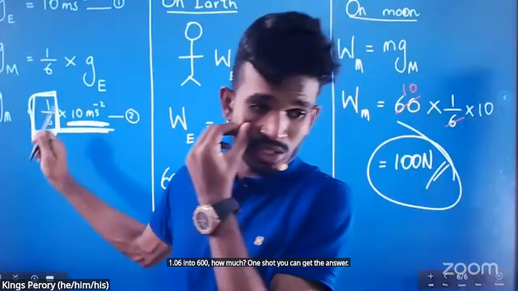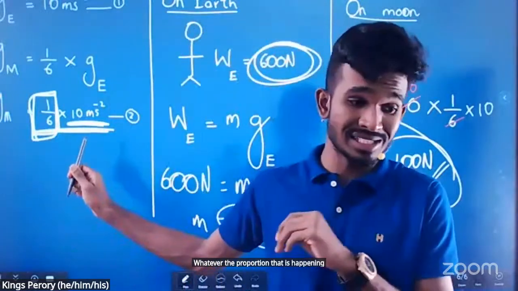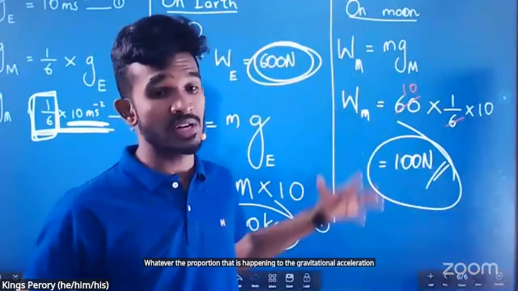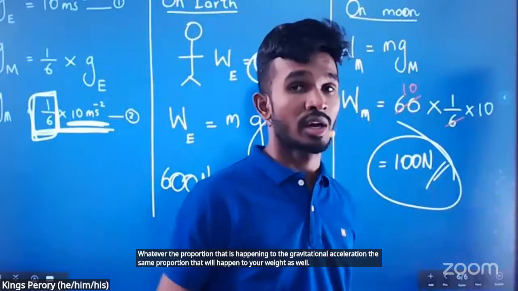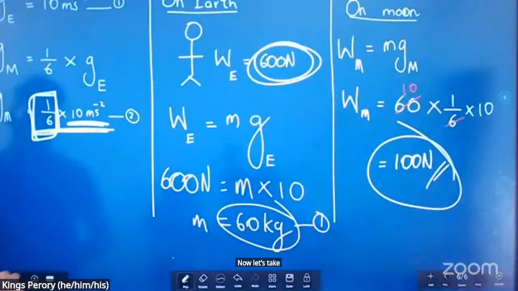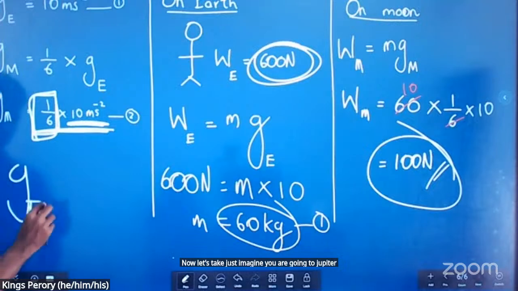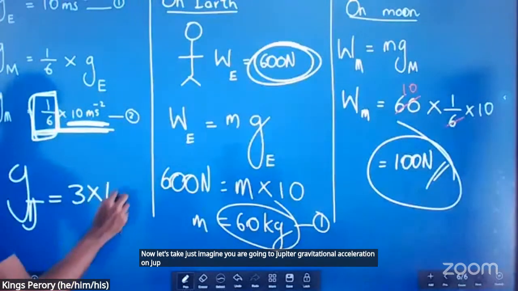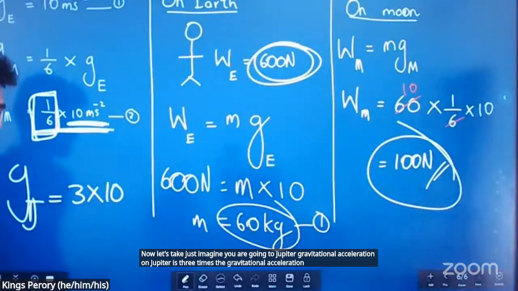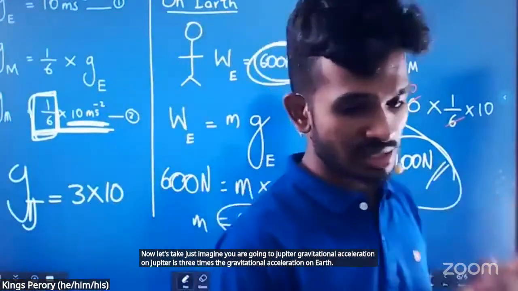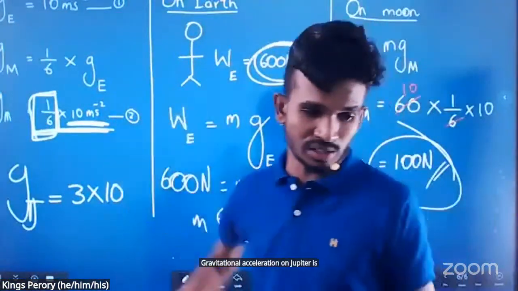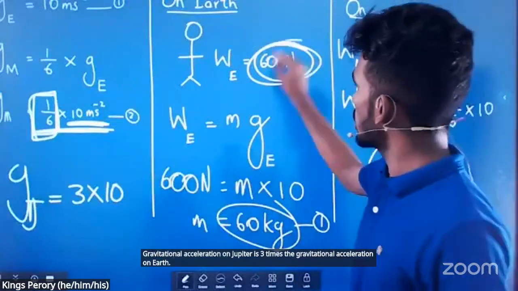Whatever the proportion that is happening to the gravitational acceleration is the same proportion that will happen to your weight as well. Now just imagine you are going to Jupiter. Gravitational acceleration on Jupiter is 3 times the gravitational acceleration on Earth. On Earth, your weight is 600 Newton.